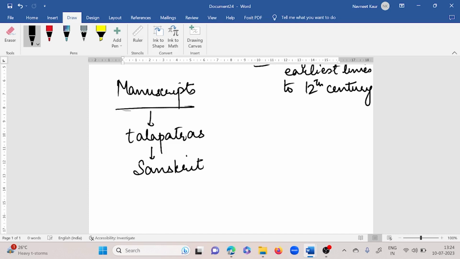They were written on easily perishable material. So many have been destroyed by insects or natural calamities, but still a good number of manuscripts have survived. Some of these are preserved in temples and monasteries, right?